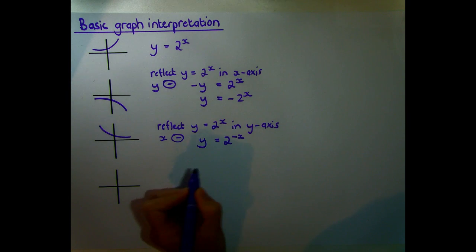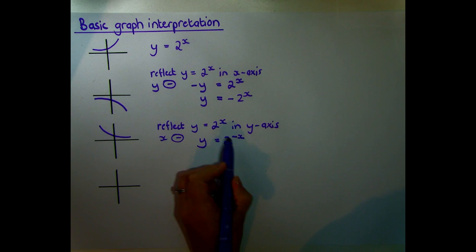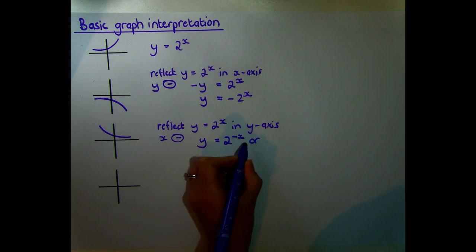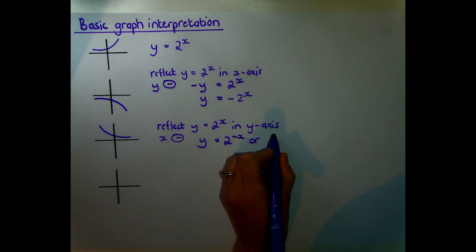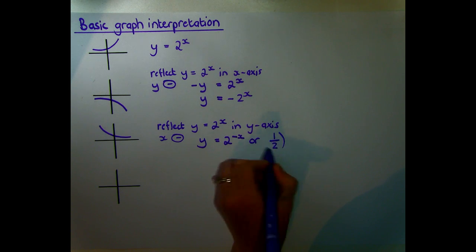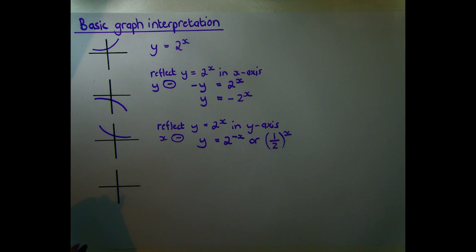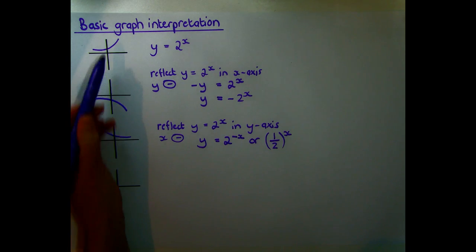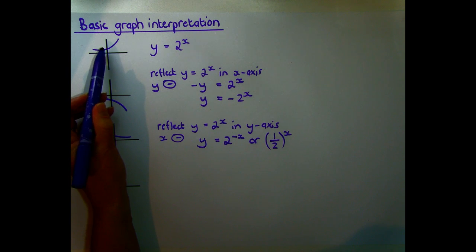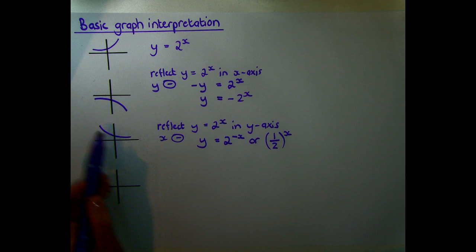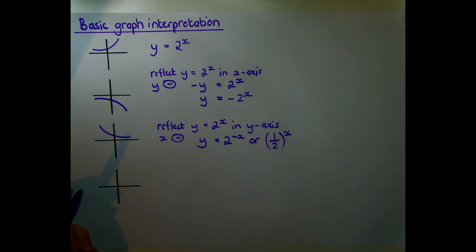That can be written with b, the b value, which is 2, being a fraction, because we've got a negative exponent, so that could be written as 1 over 2 to the power of x. So now it's become a fraction, or you can say the x is negative. With that in mind, it's reflected in the y-axis. So when your b value is a fraction, it's a decreasing graph that looks like that.